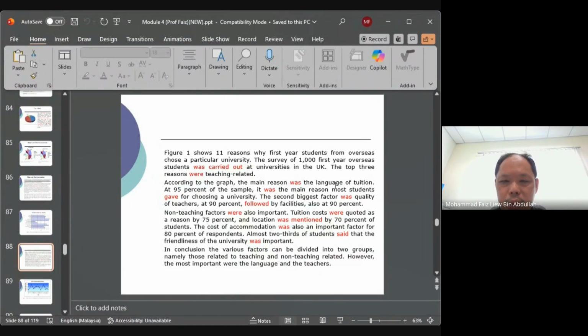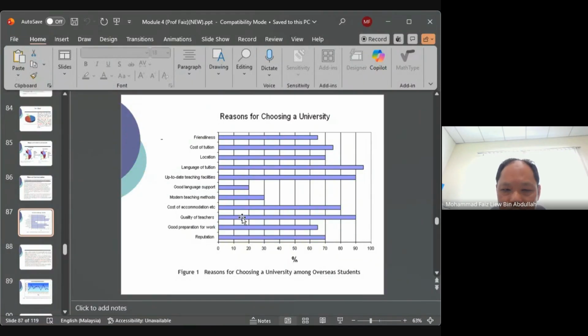The main reason was the tuition, 95% of the sample, and then some of the main reasons why students choose the university. The second factor was the quality of the teachers. And then we also look at the non-teaching factors, explaining in detail, some about the quality of the teachers, some because of other things.